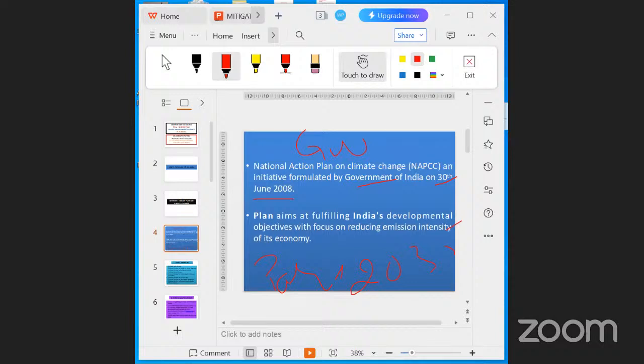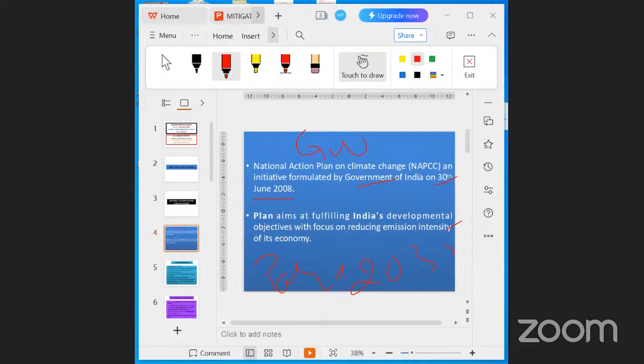This National Action Plan is a basic strategy to reduce global warming and climate change. Similarly, the Convention to Combat Desertification, the Montreal Protocol to phase out ozone depleting substances, and the Convention on Persistent Organic Pollutants. So to fulfill the obligations on these international commitments, this provides the basic strategies, right?